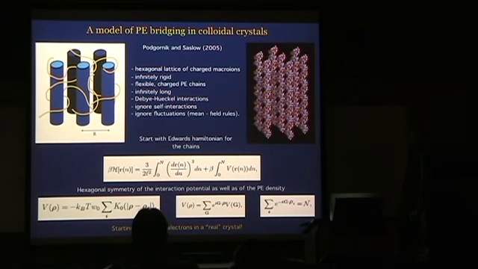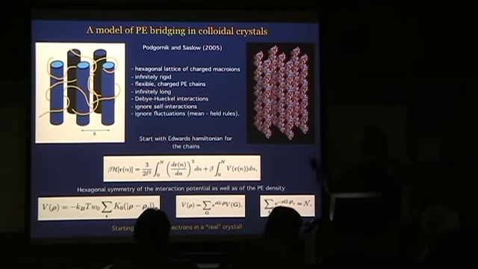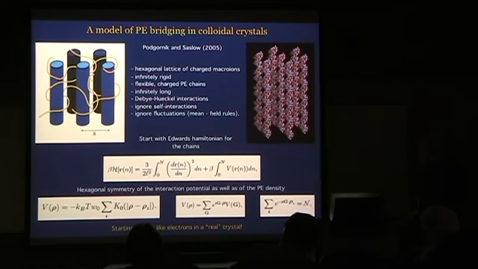You're treating it as the potential of the blue guy as felt by the yellow guy? Yes, exactly. So it's a passive kind of thing? Yeah, exactly. So in principle, of course, I should also add interactions between the yellow guys and so on. But on the lowest order, I forget. If you add up all the yellow charge and add up all the blue charge, there is much, much less yellow charge. So he's riding on the blue guy's charge. Yeah.